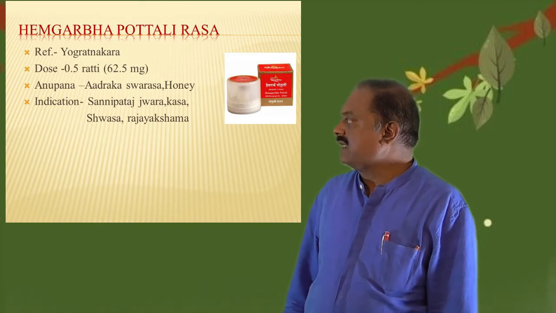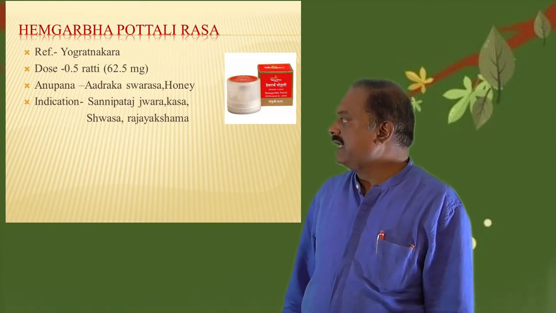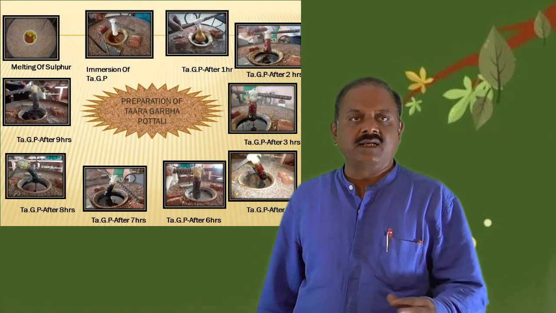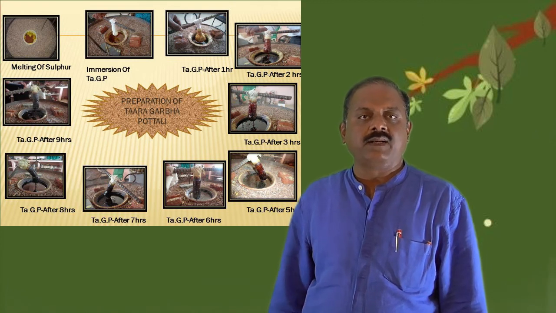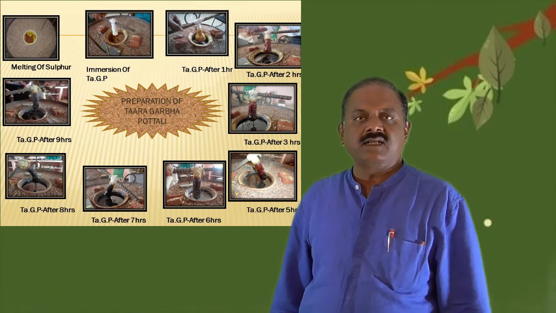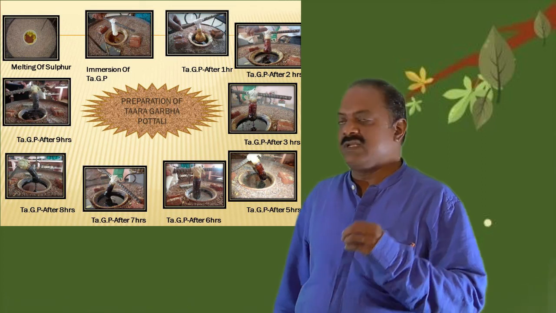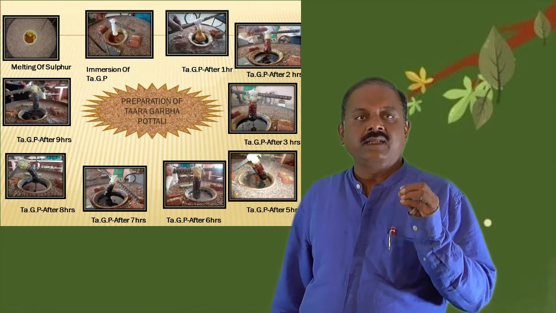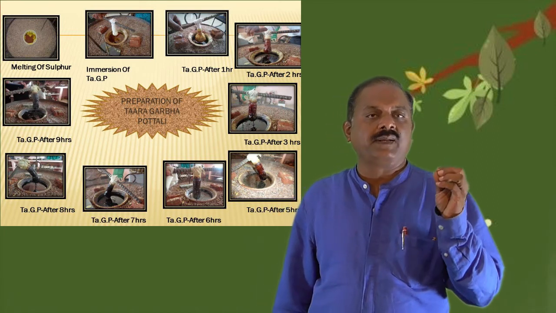The dose mentioned is 0.5 rati, Anupana is Ardraka Swarasa or honey, and indications are Sannipata Jwara, Kasa, Shwasa, and Raja Yakshma. So the preparation and methodology of the different Hemagarbha Pottali as well as the different Pottali Kalpas, and the various researches being carried out with respect to therapeutic indication and method of preparation, make it one of the most important therapeutics.